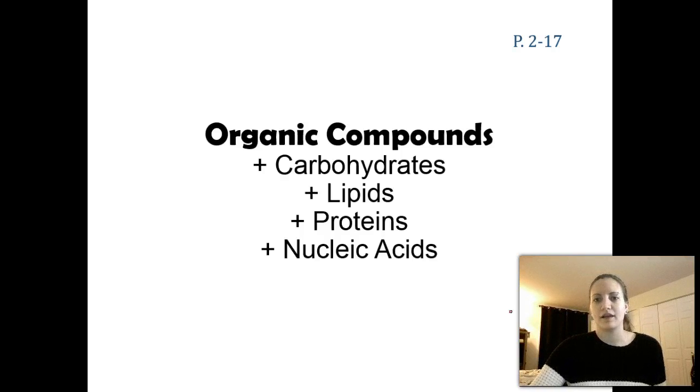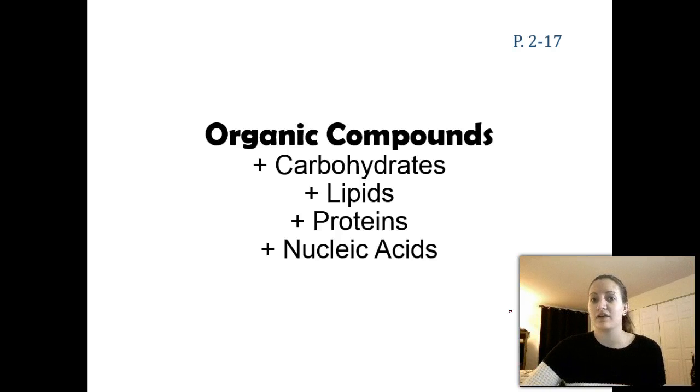We started talking about these 4 different organic compounds in lab. Remember, we were testing for some of these. So the 4 organic compounds that we're going to cover in this class are carbohydrates. So that's the typical carbs that you think of, lipids, which are also known as fats, proteins, and nucleic acids.